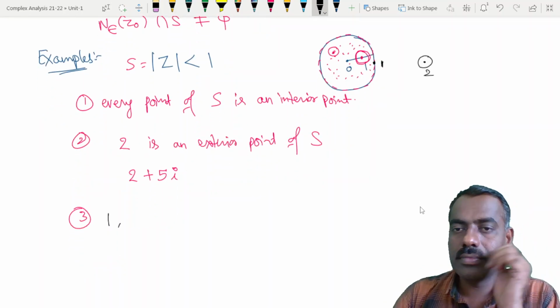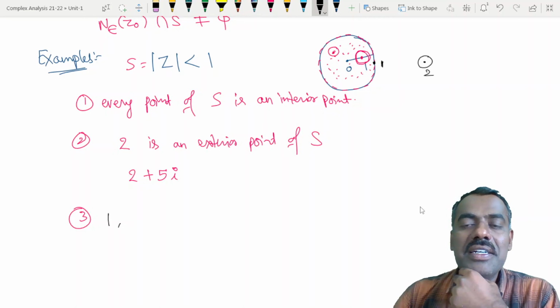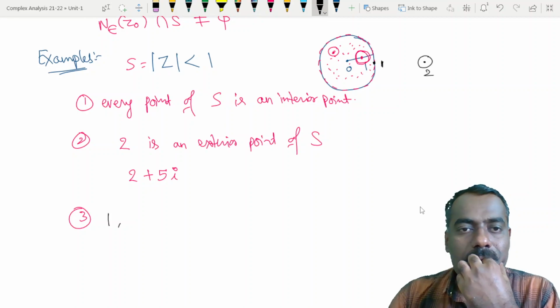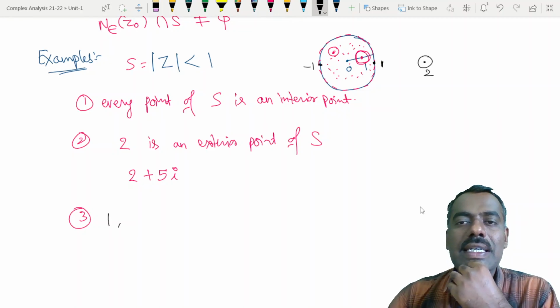Only one point is there which is a boundary point? Minus 1, 1 plus i is possible? That means if you take this one, what is this point? It is minus 1, right?